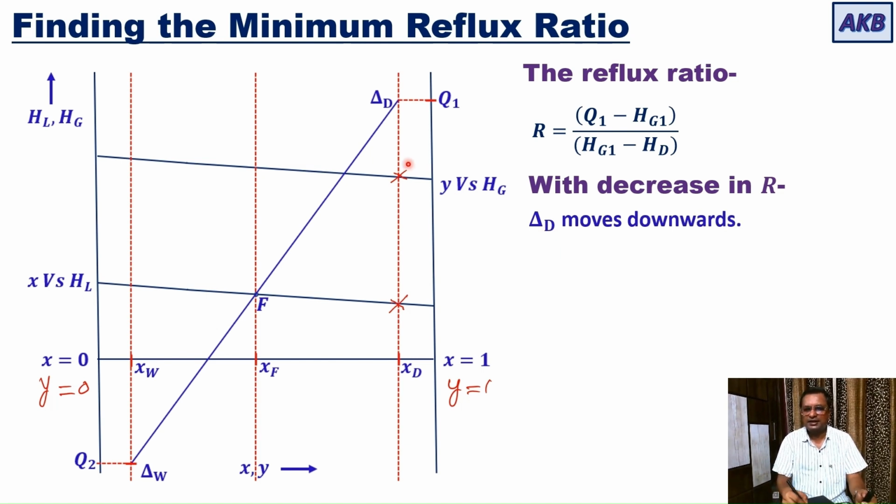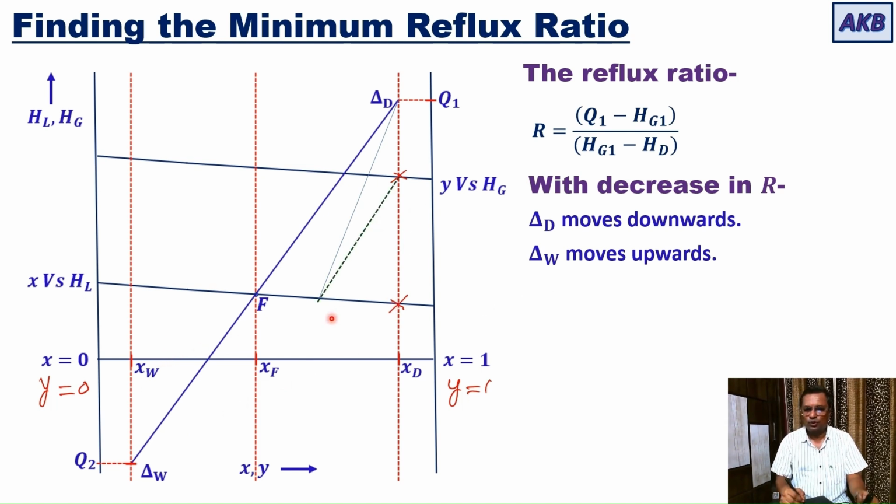The point delta D moves downwards along this vertical line that we have drawn through xD, and at the same time the point delta W moves upwards along the vertical line that is drawn through xW. So with a decrease in R, delta D moves downwards and delta W moves upwards.